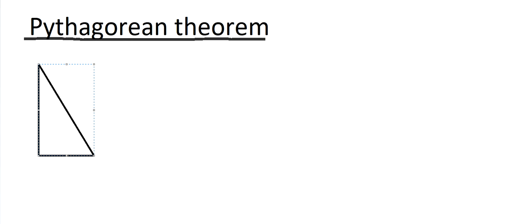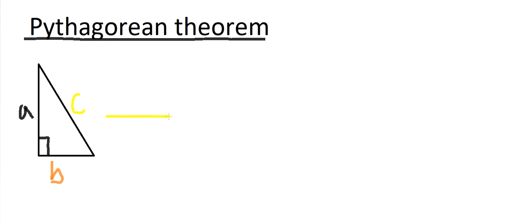He said for any right triangle, if you know two sides of the triangle, so let's say this side is A, this side is B, and this side is C. If you know A and B, you can calculate for C with this theorem. If you know A and C, you can calculate for B. If you know B and C, you can calculate for A.